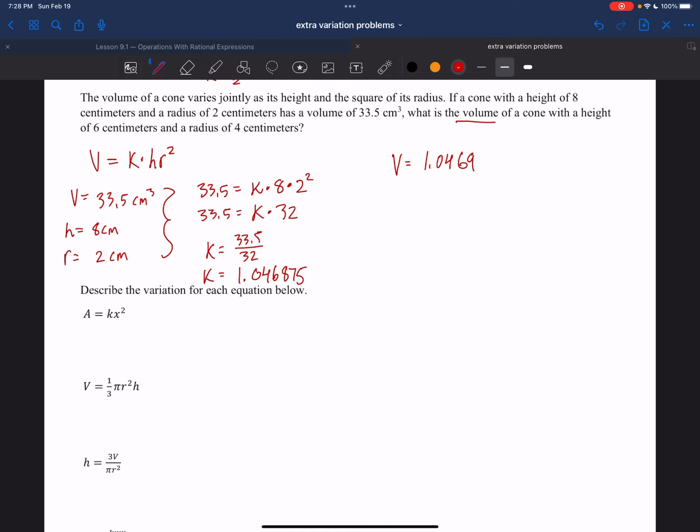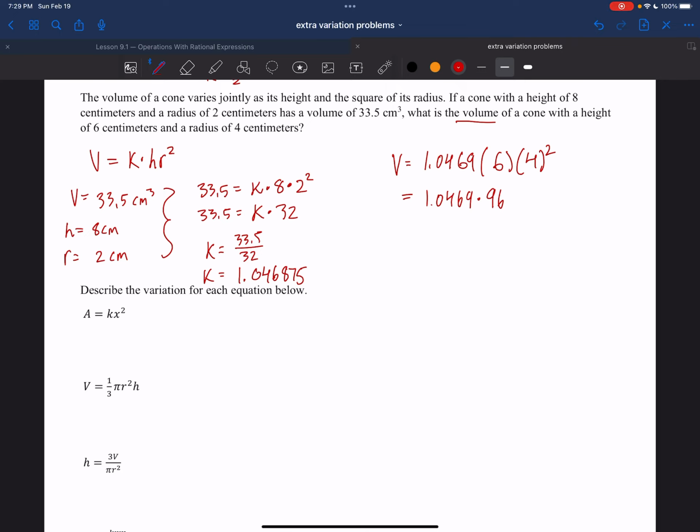So this is volume equals this times the height is 6 centimeters and the radius is 4. And we don't forget to square that. So that's 1.0469 times 6 times 16. That's 96.